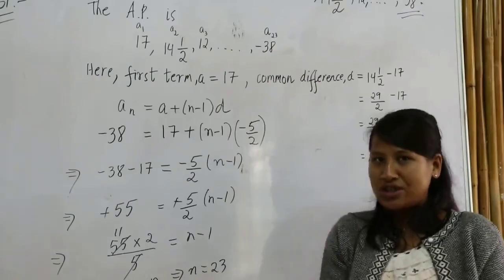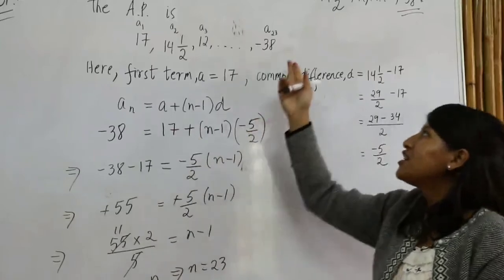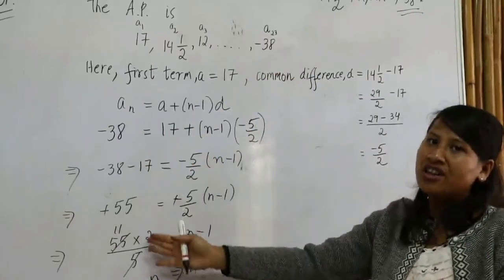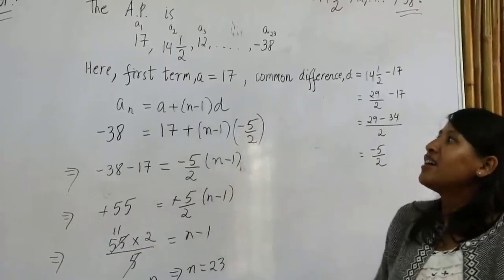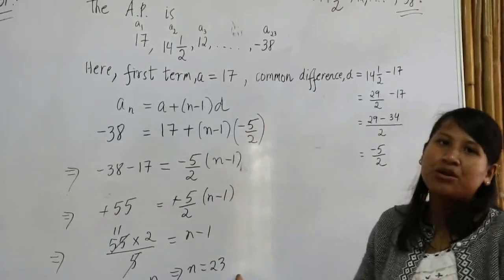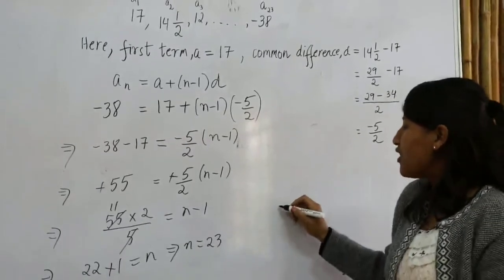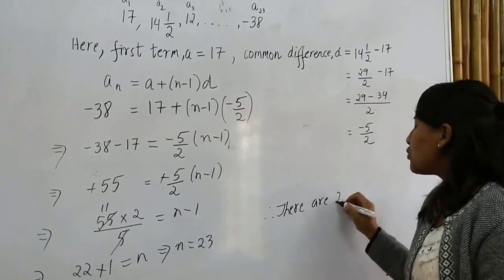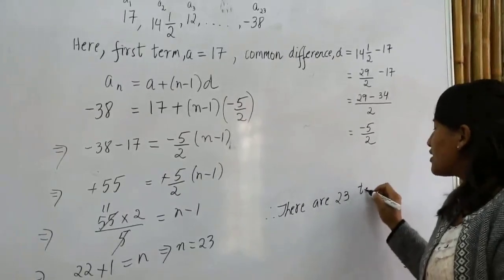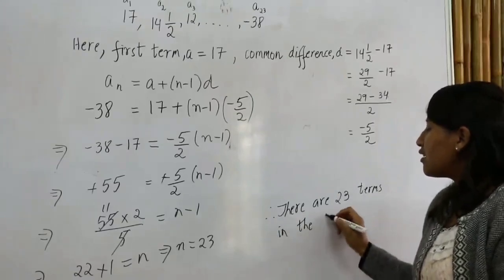There are 23. So that is why when they ask you to determine the number of terms, just put in the general term of an AP formula, and then whatever you get for n, that will be the answer. So therefore there are 23 terms in the AP.